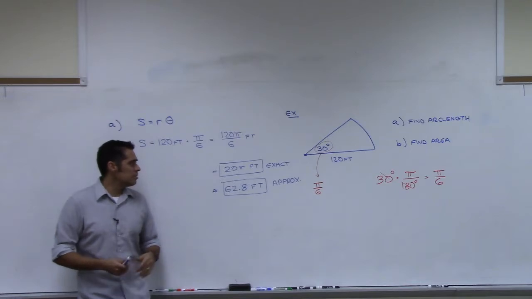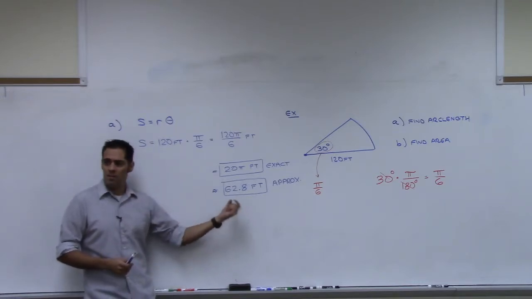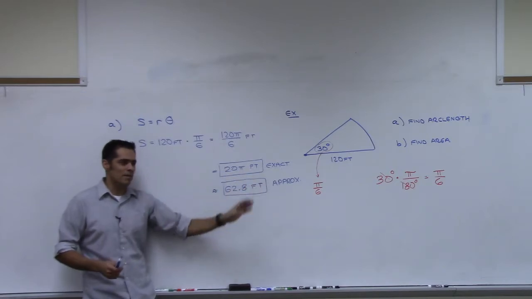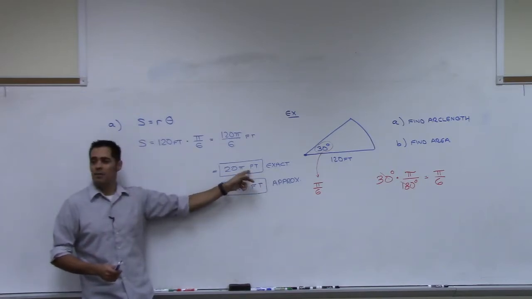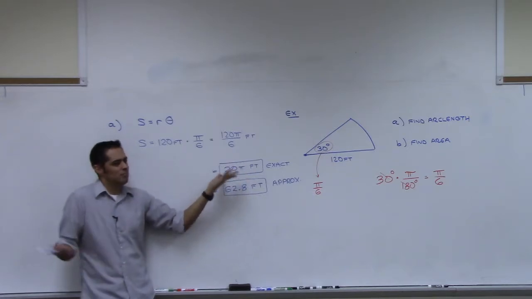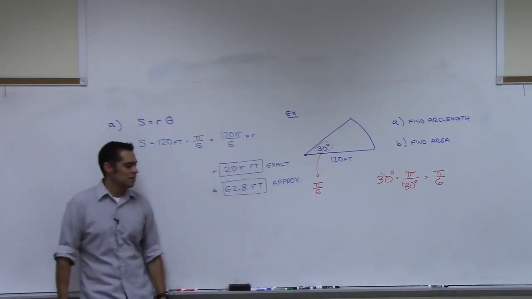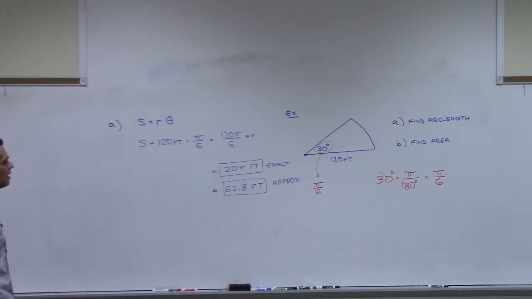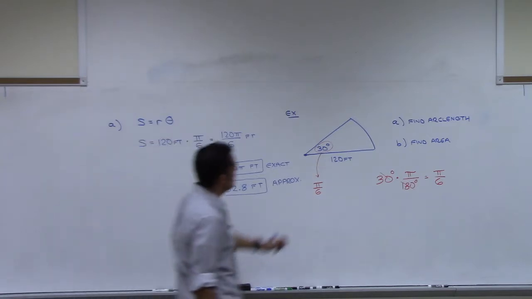So a lot of engineers have to be very careful about when they approximate, how far they go, how many significant digits they want to use, all that stuff. So the exact answer is perfect. Problem is, what is 20 pi? It's hard to understand. So 62.8 is more concrete. We can visualize what 62.8 feet looks like. That's this length right here.